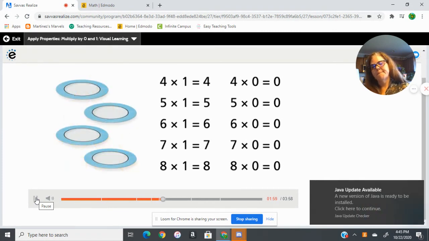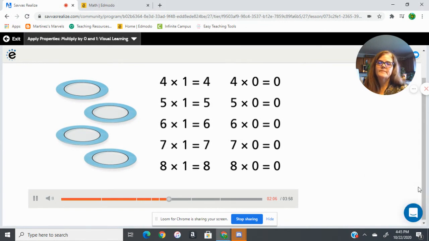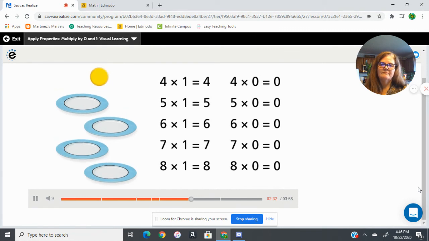If Kira had 4 plates with 0 oranges on each plate, she would have 0 oranges. How many plates are there? There are 4 plates. How many oranges are on each plate? There are 0 oranges on each plate. If 4 times 0 equals 0, then 0 times 4 equals 0. Can you use counters to show the number of oranges?